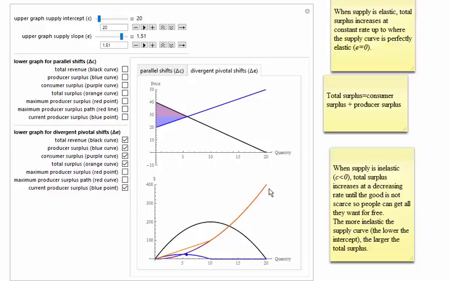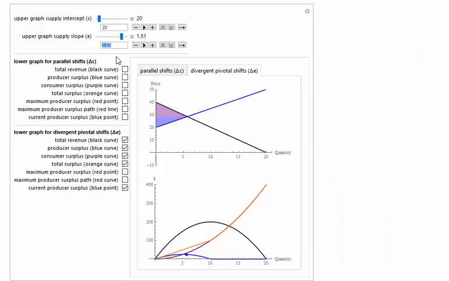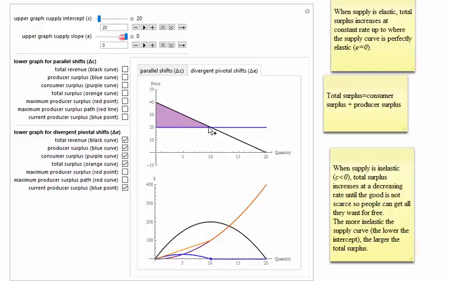We could actually probably drop off the consumer surplus curve up here, but we have a constant rate up to where the supply curve is perfectly elastic, which is straight up here. So let's put it at 0. And there we have it. So there it's perfectly elastic. We have no producer surplus. Everything is consumer surplus right there.